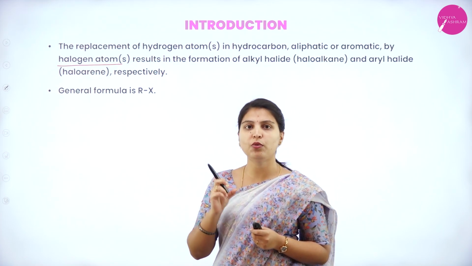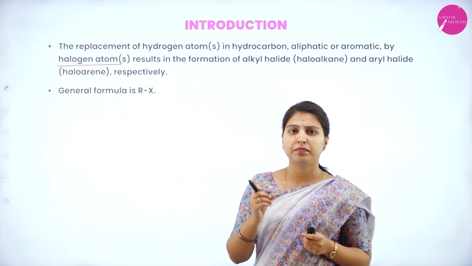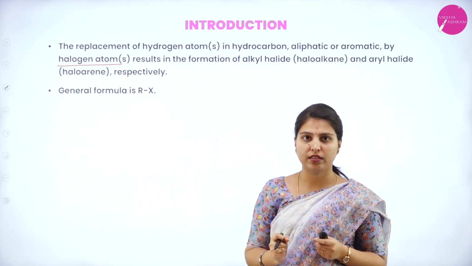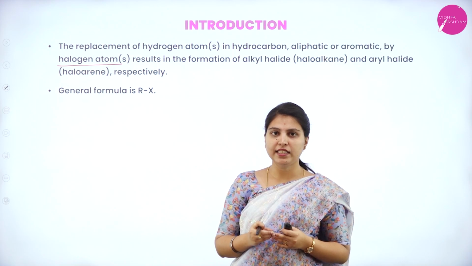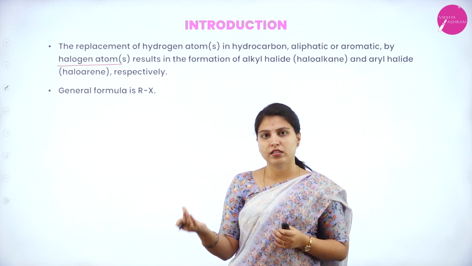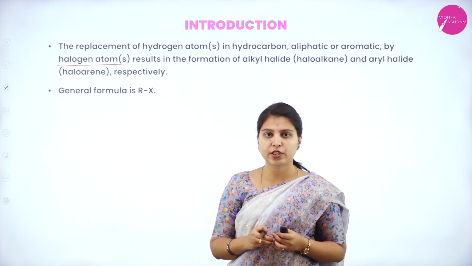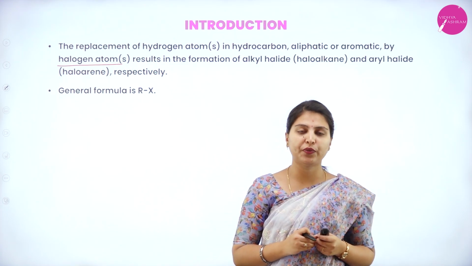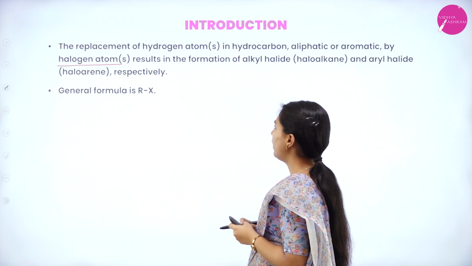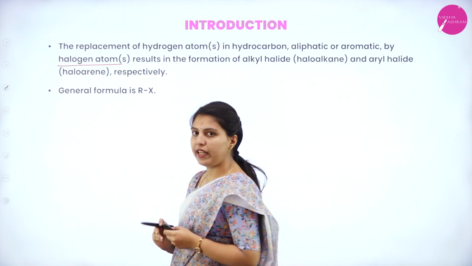You know that halo is the root word or prefix for halogens. Alkanes, alkenes and alkynes you already know. For alkanes, a halogen is added, that is why haloalkanes. For arenes, a halogen is added, that is why haloarenes. Its general formula is RX.